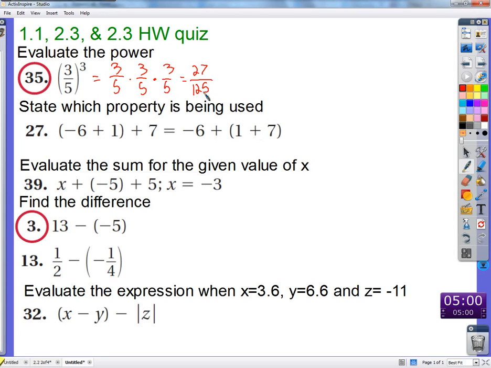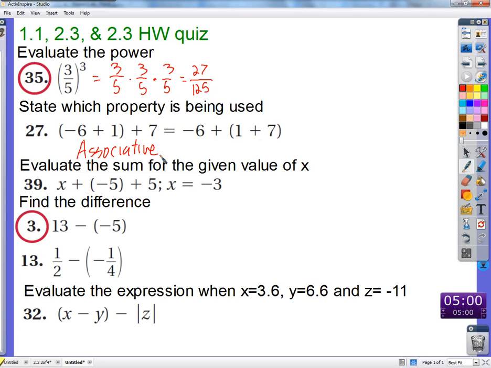What about this says it's the associative property? Because the parentheses move, the numbers don't move, the parentheses move. Yes, that is the associative property.